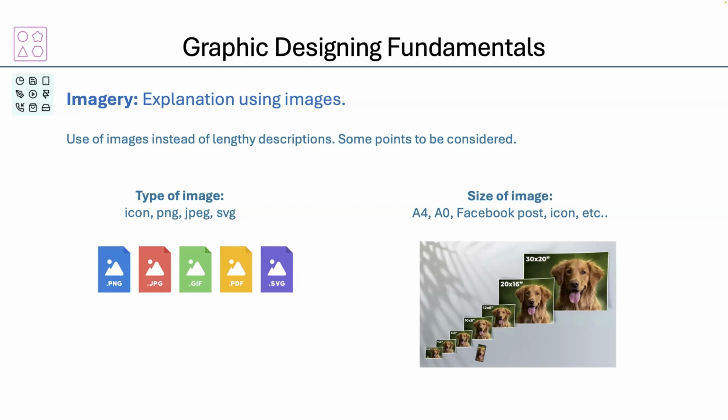For example, if you're using a PNG format icon or any image, you need to take care of the size of that image. If you're using a small image and you have to print it on a large scale, your image will be broken when you see the results. So this is why you need to take care of the scale of the images that you will be using in the graphics that you are designing.